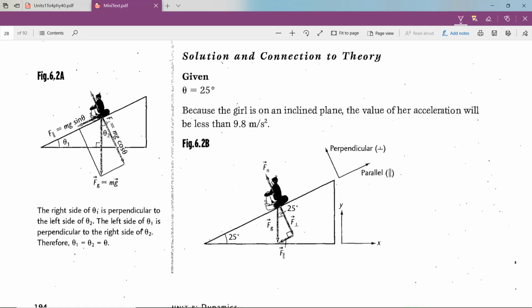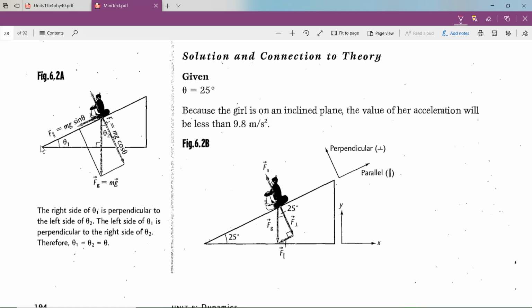Okay? Assuming that the girl doesn't fly up into the air or get driven down into the plane, the normal force and the perpendicular force are going to be the same. So not all of gravity, just the parallel component to the incline will cause the acceleration. This is my symbol for parallel, my symbol for perpendicular. And the math shows it's similar triangles, that theta 1, the 25 degrees, is the same as theta 2.